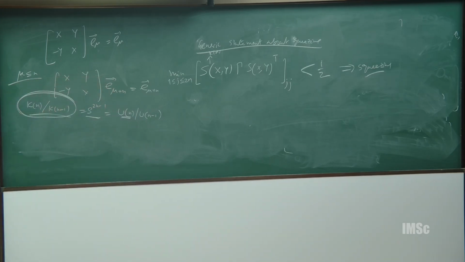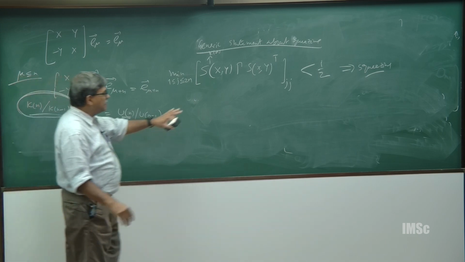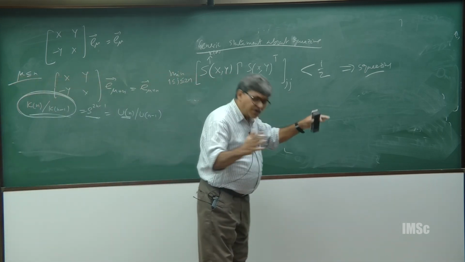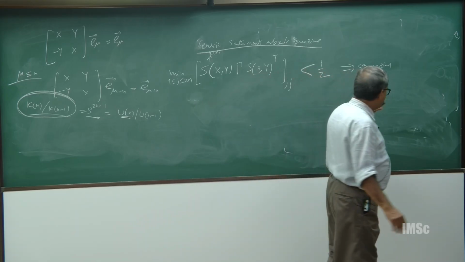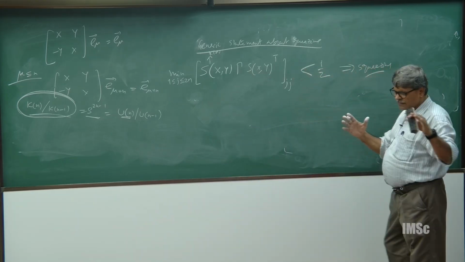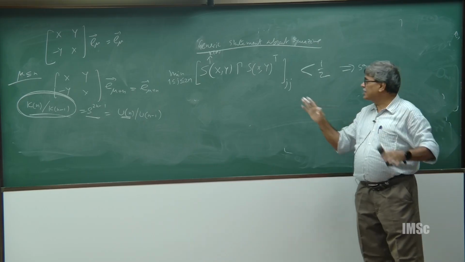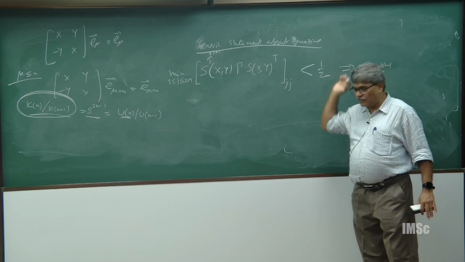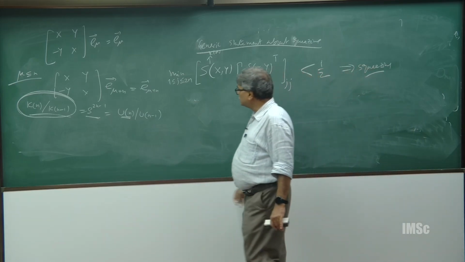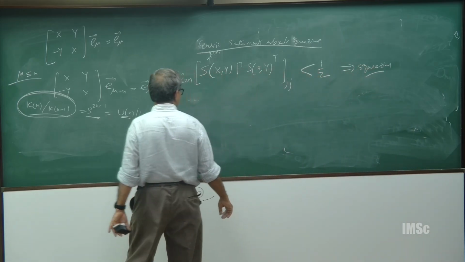Less than half means the uncertainty in the j direction is less than half, and therefore this corresponds to squeezing.